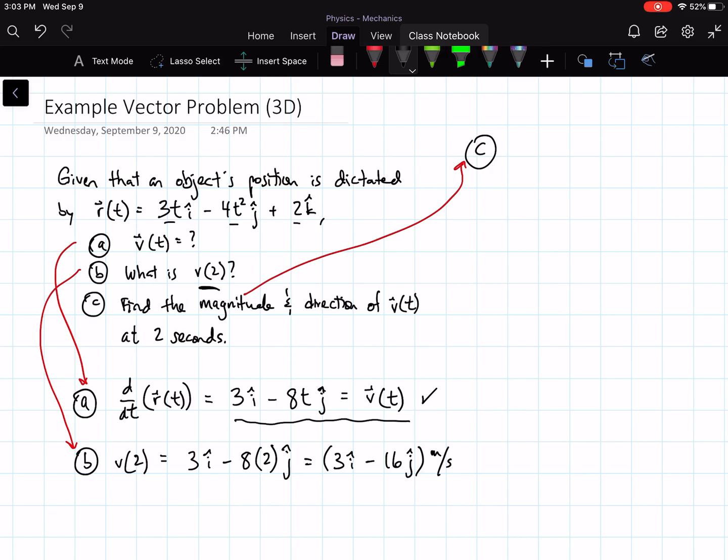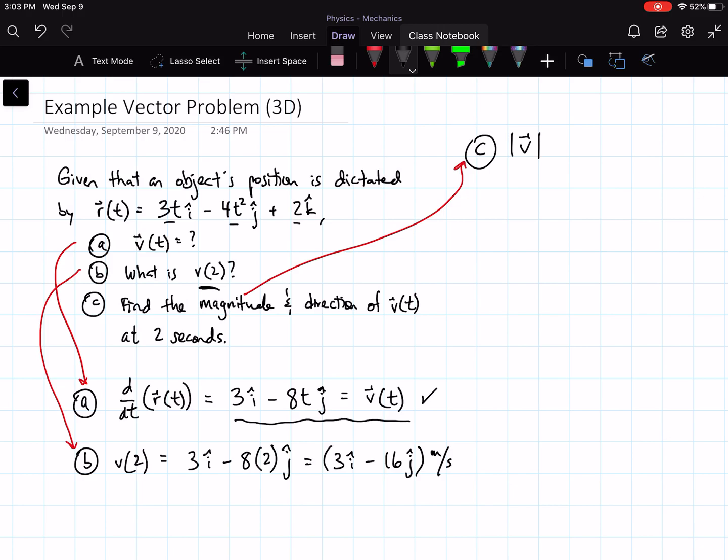And then we would use the Pythagorean theorem and arctangent to find the magnitude and direction. So because we already have the x and y components here, we can kind of skip right to the end. And the magnitude of the velocity, I'm just going to call it v, so I'll drop the little arrow to represent that this is talking about the magnitude.